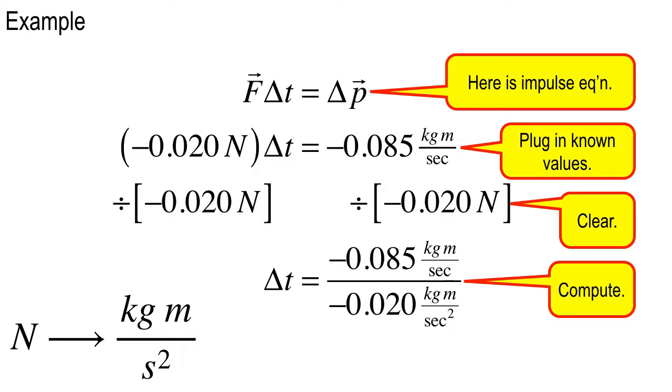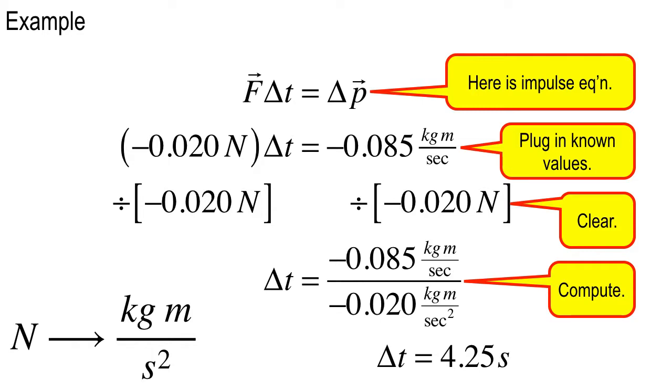That's okay, because per second in the denominator is regular seconds in the numerator. So you do your numeric part and you get 4.25. And then the seconds comes into the numerator, and there's your answer.